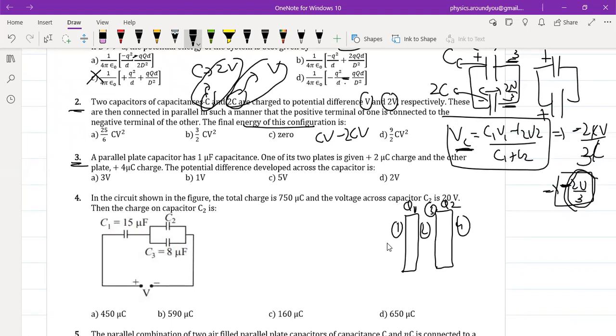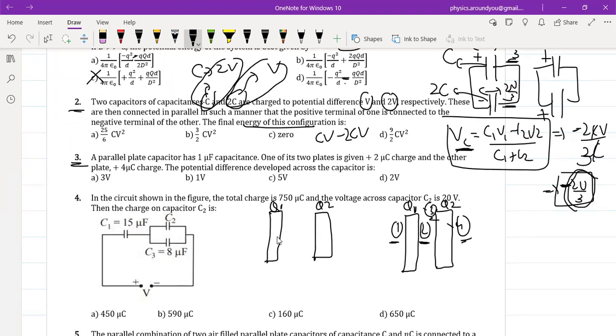So, how to find the charge distribution in this case? How much of Q1 charge is there here? How much of Q2 charge is there, etc.? I will tell you a very famous result. This is valid only if I have two conductors.